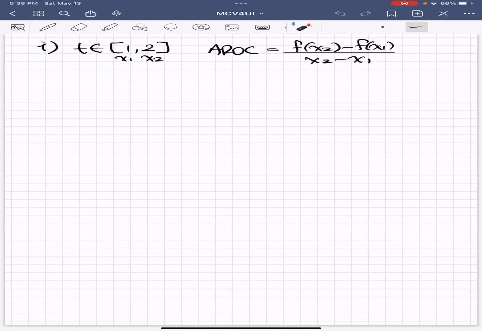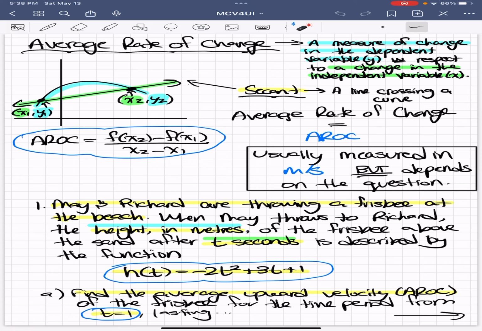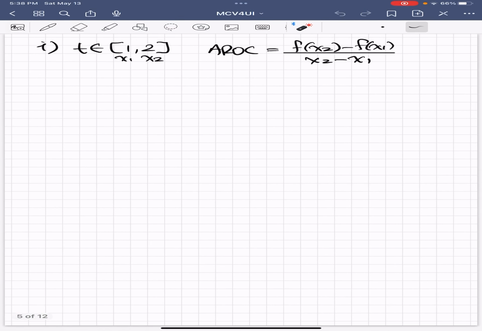Okay, question 1. We have our x1 and our x2, and we're going to calculate with the formula. It's h of t, and that's our formula here. We're going to need it to calculate f of x2 and f of x1. So let's calculate f of x2 and f of x1. This is x2.